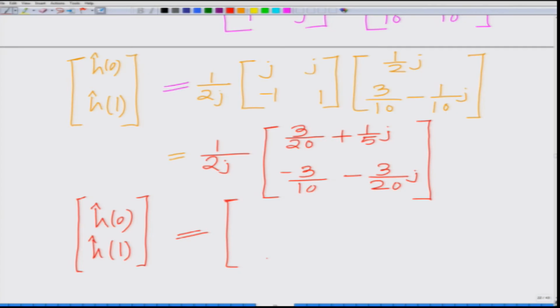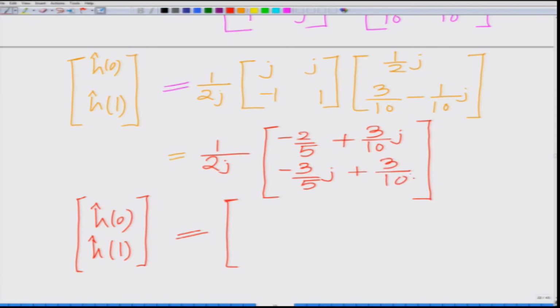Oops, I think this is not completely correct. Let me just rewrite this. This is 1 over 2 j times minus 2 over 5 plus 3 over 10 j, minus 3 over 5 j plus 3 over 10.